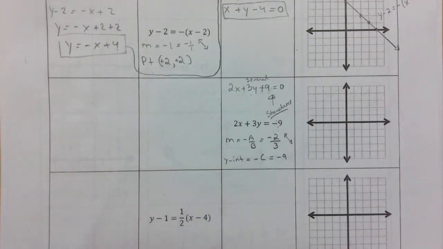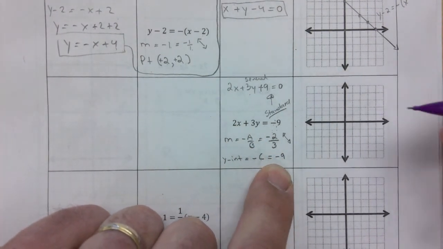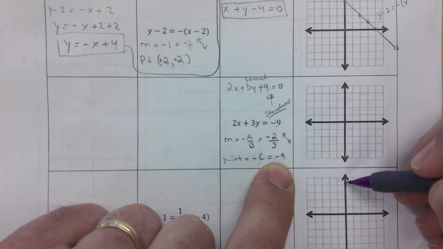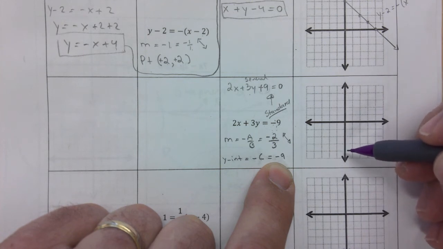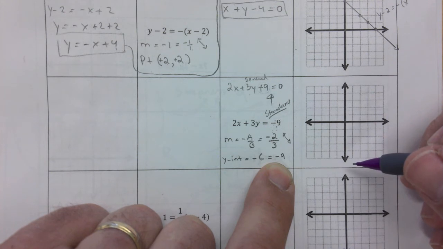So you can actually graph right from the general form. If you just extract your slope, you extract your y-intercept, 0, negative 9 is like way down here, right? So that's a bit of a problem. So I don't know how else to graph it.